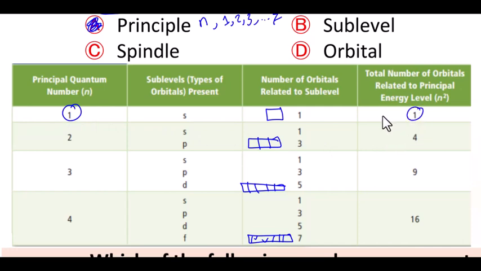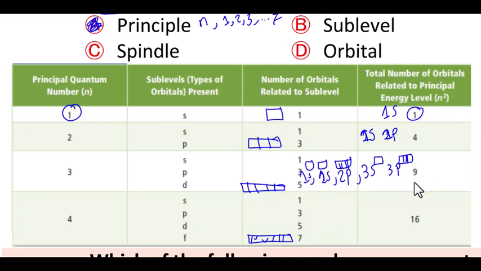The total number of orbitals is related to the principal number. In principal number 1, the first level has only 1 orbital, 1s. In the second principal quantum number, the second level has 4 orbitals: 1 in 2s and 3 in 2p. In the third level: 3s, 3p, 3d. Here 3p has 3 orbitals, and 3s 1 orbital, and in 2p 3 orbitals, and in 2s 1 orbital, and 1s 1 orbital.